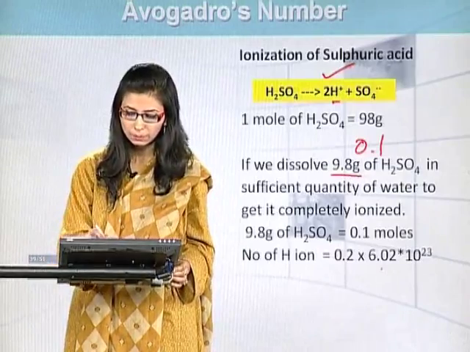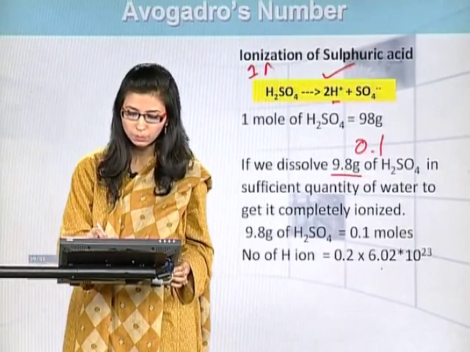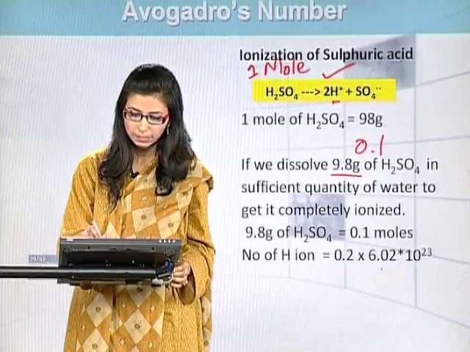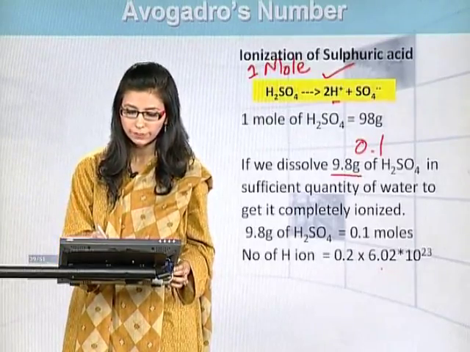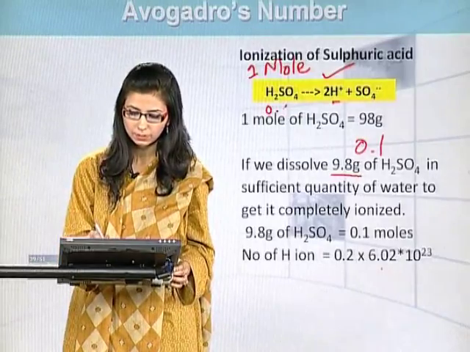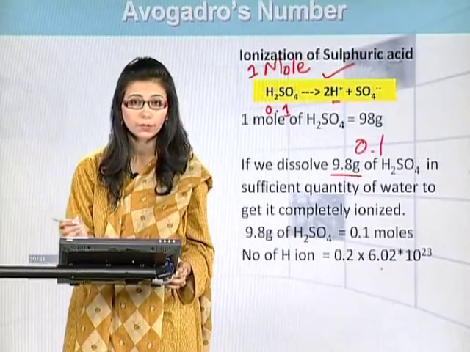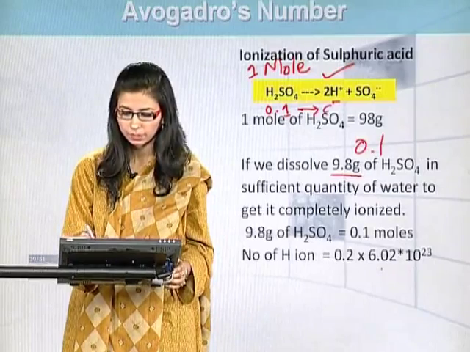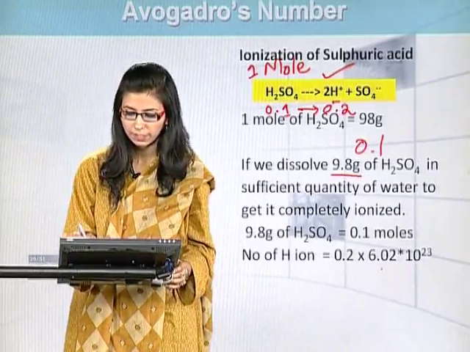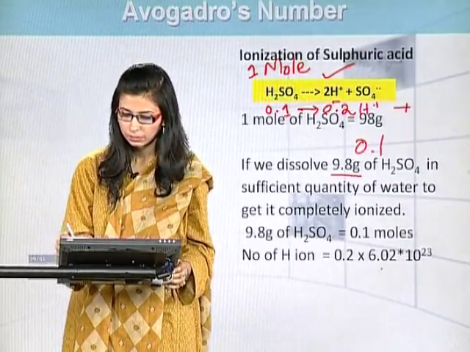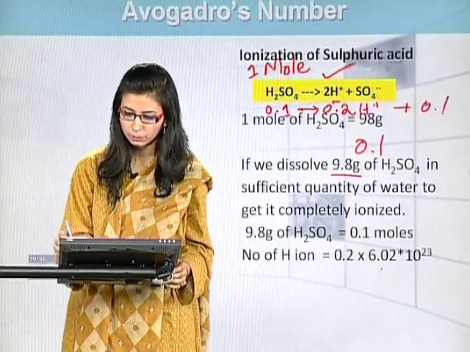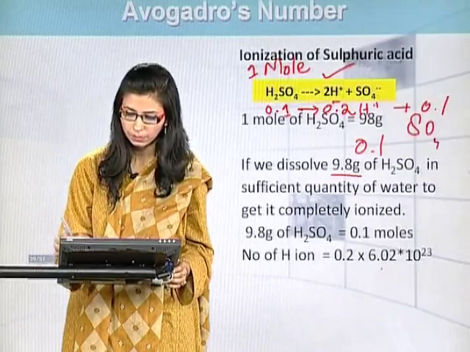जैसा कि this balanced chemical equation was for 1 mole, but now the quantities are changed. We are dealing with 0.1 moles. So if the reactant on the left hand side was 0.1 mole, तो इससे हमें 0.2 moles of H positive ions मिले हैं, and so as इसमें हमें 0.1 mole SO4 मिला है.